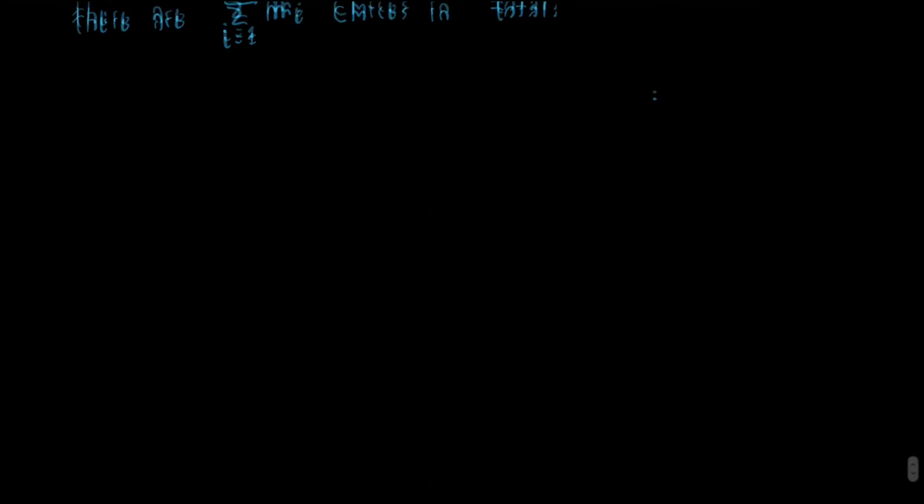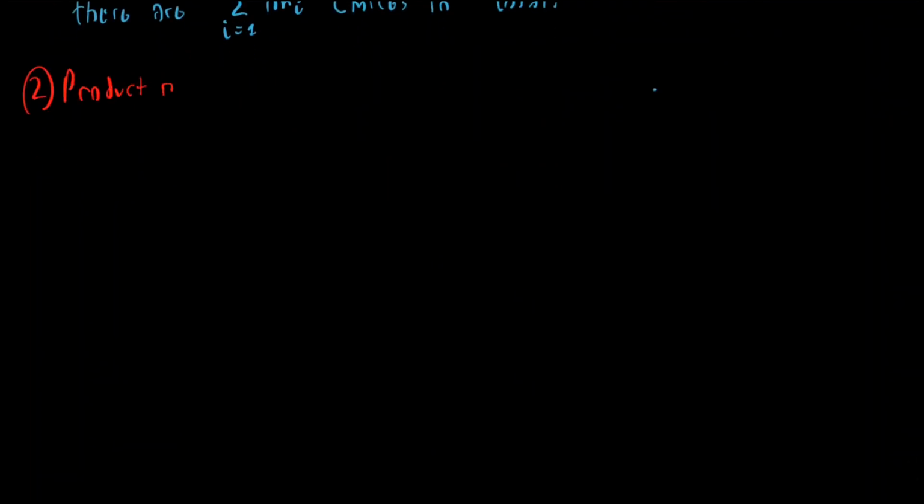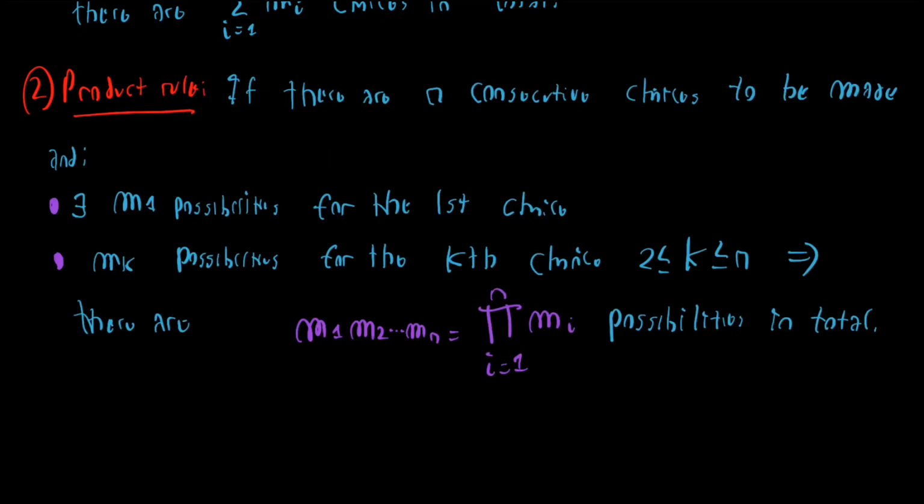And the second postulate that we will accept is the product rule. That says that if there are n consecutive choices to be made, then supposing that for the first choice we have m1 possibilities, and then for all the other ones we have mk possibilities. What do we mean by that?